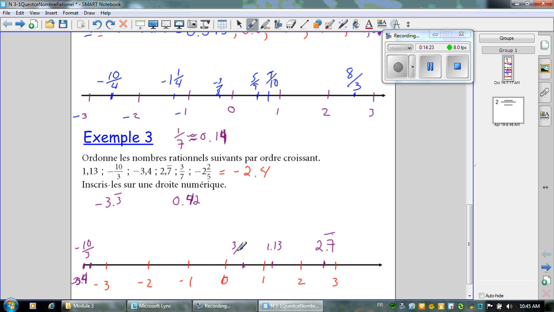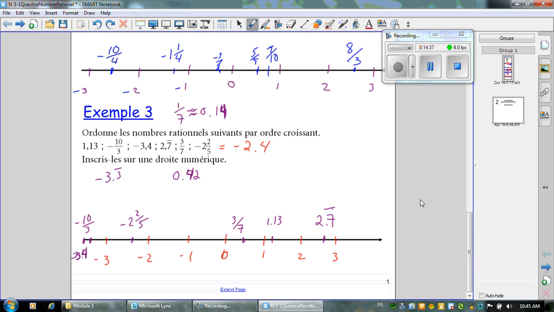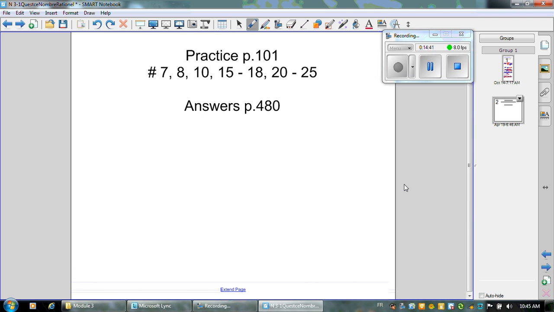So that's 3/7. And finally, negative 2.40 would be around here, negative 2 2/5. That's how you order numbers on a number line. Here's your practice. Make sure you check your work behind the book.